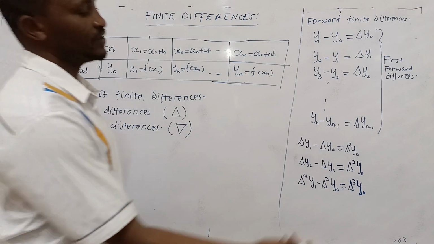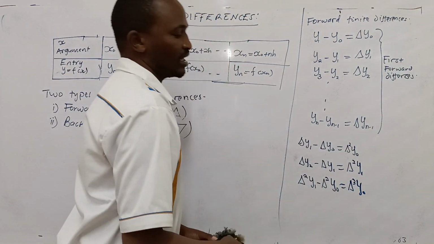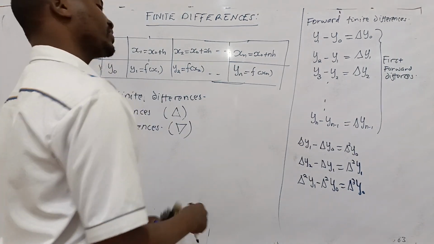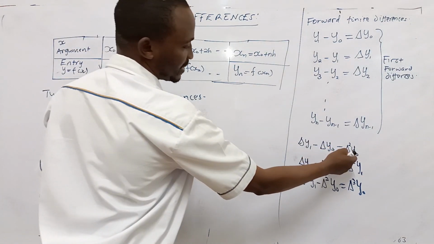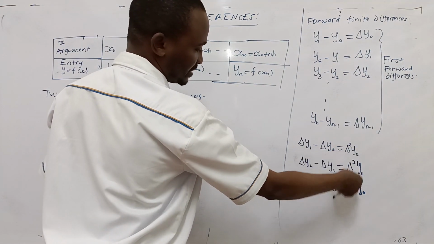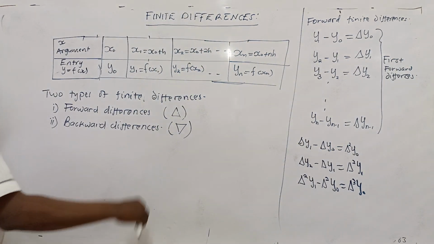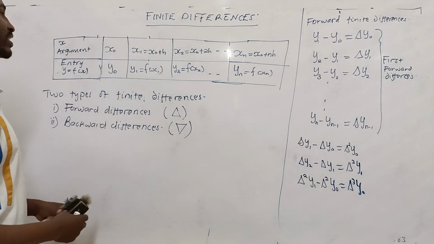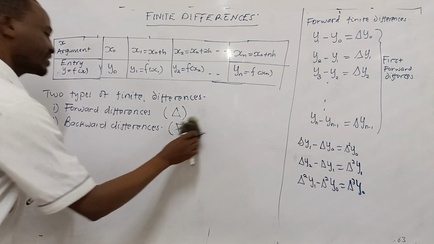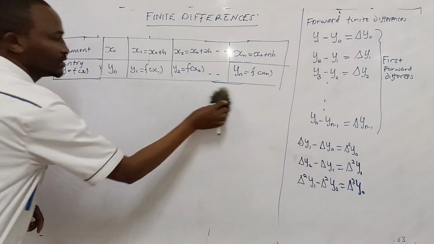You use the previous differences to get the other differences. It's also possible to express any of these differences in terms of the functional values or in terms of the entry. For example, let me remove this.